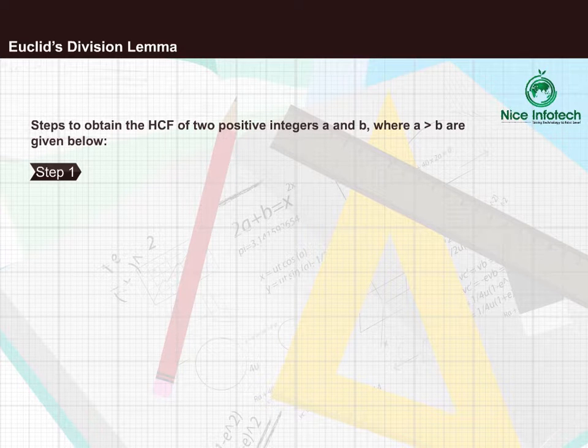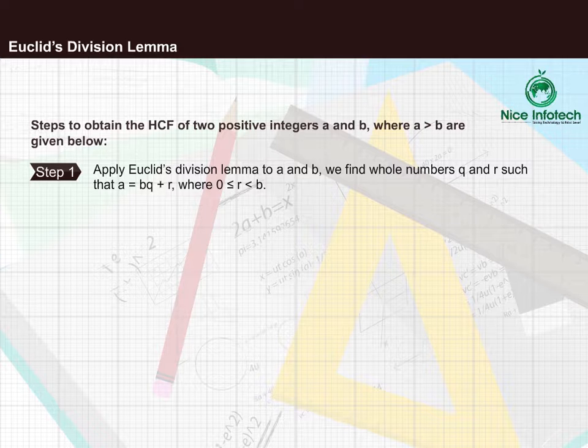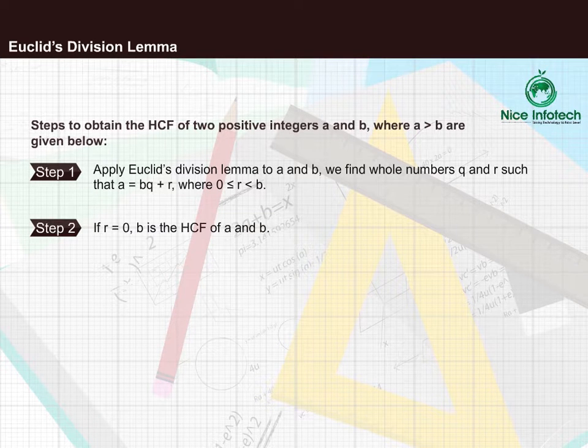Steps to obtain the HCF of two positive integers a and b, where a is greater than b, are given below. Step 1. Apply Euclid's division lemma to a and b. We find whole numbers q and r such that a equal to b q plus r, where the value of r is greater than or equal to 0 and less than b. Step 2. If r is equal to 0, b is the HCF of a and b.